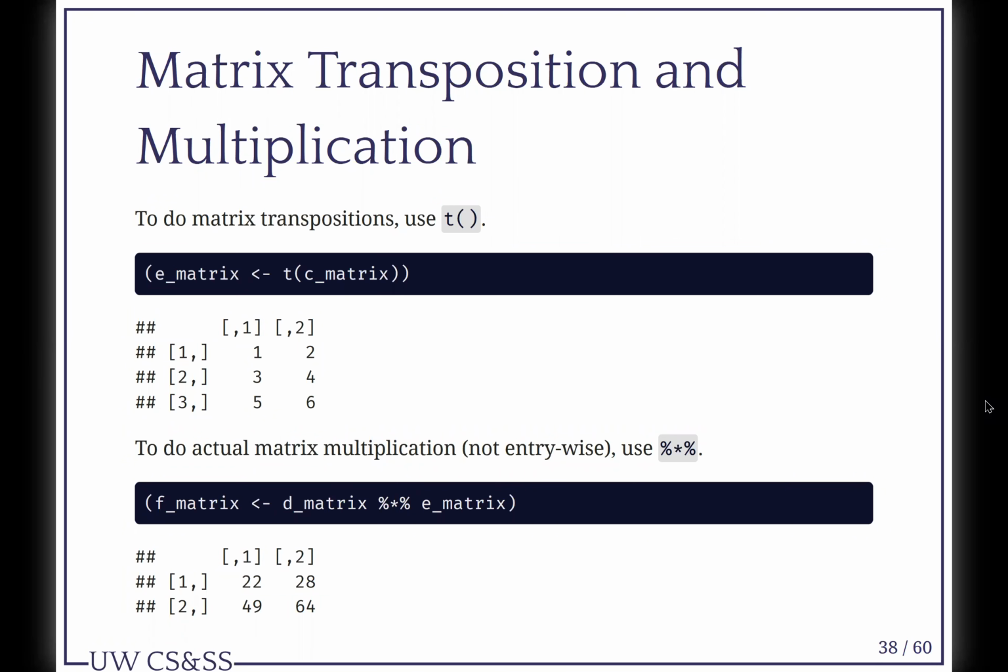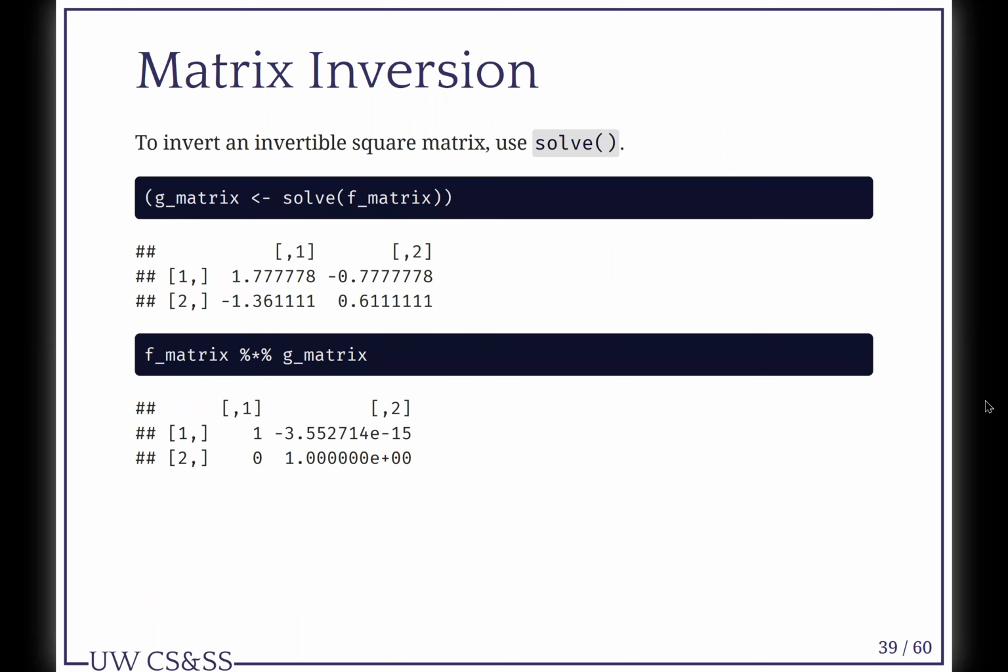Note that if you are going to pick the advanced option for the homework this week, you're going to want to keep this slide in mind. Moving forward. So to invert an invertible square matrix, you use the solve function.